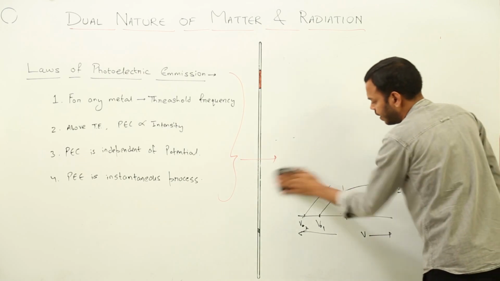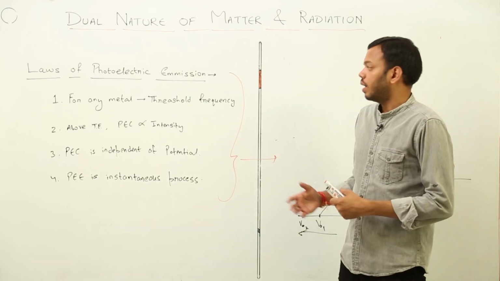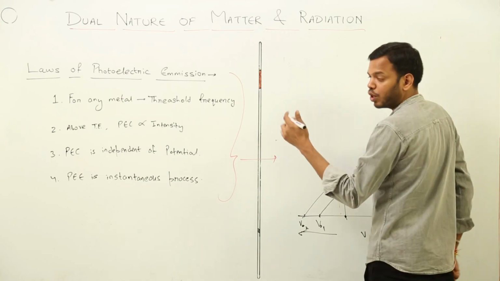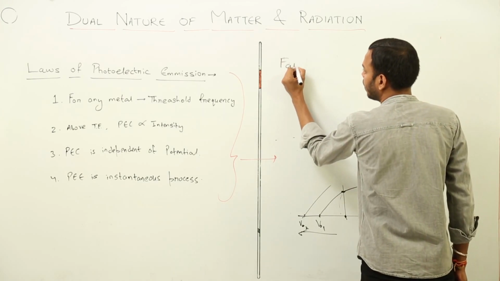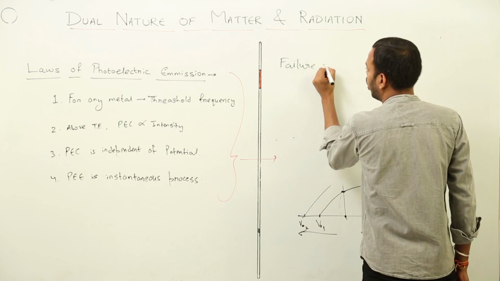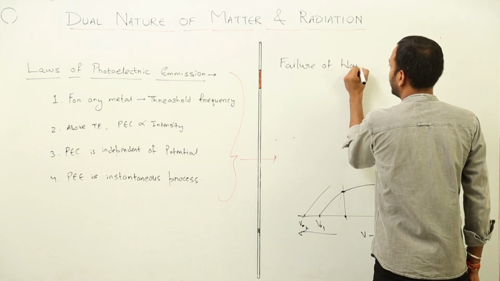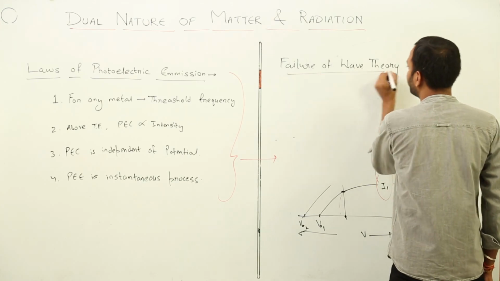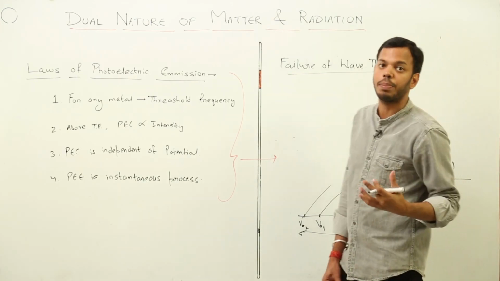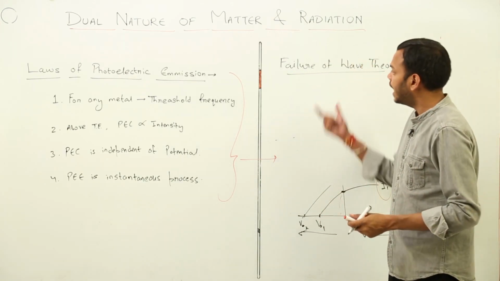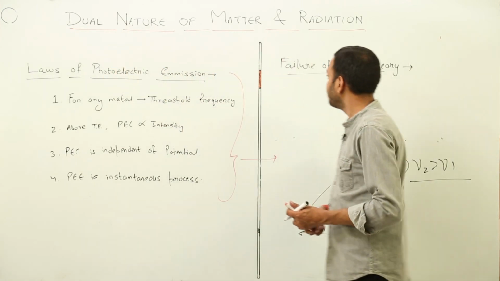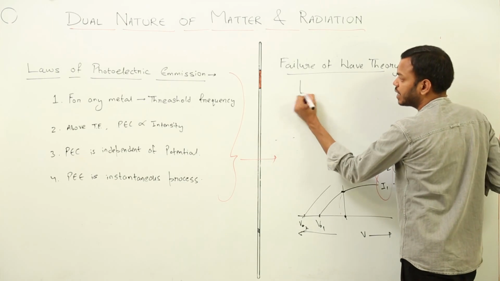See, I'll write it down so that you can make your notes. We are doing failure of wave theory. Now we know that we were following two different theories when we were studying optics, the ray theory, the particle theory, as well as the wave theory, and that is why the heading of this chapter is dual nature. But wave theory failed in explaining a few points.